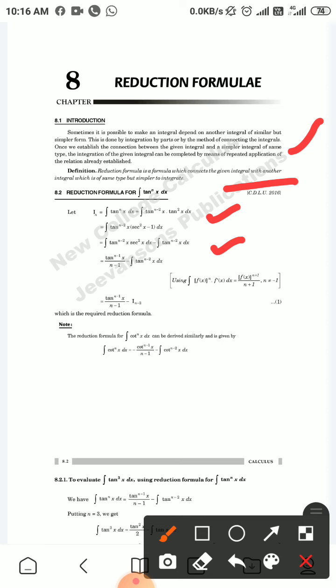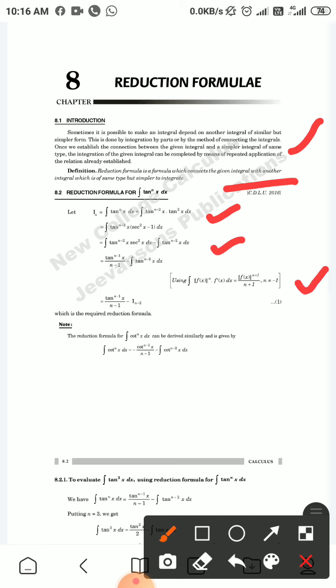Now using the formula, when we have f x raised to power n into the derivative of function f x, then this can be integrated as f x raised to power n plus 1 divided by n plus 1 when n is not equal to minus 1.